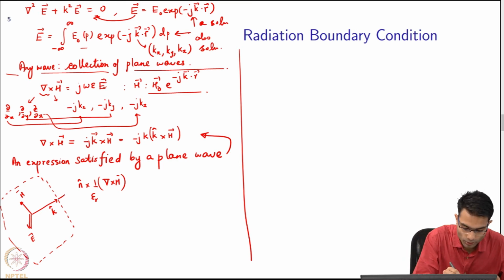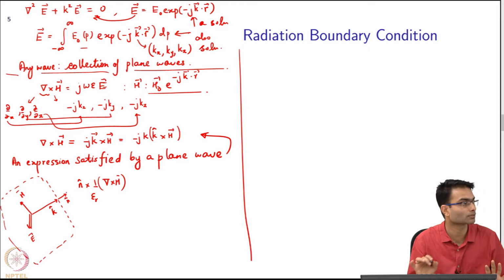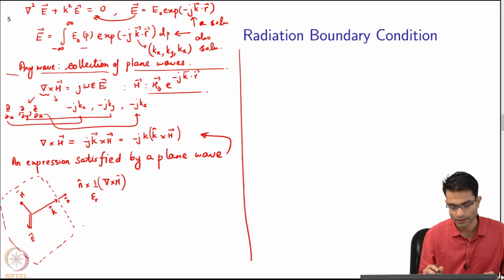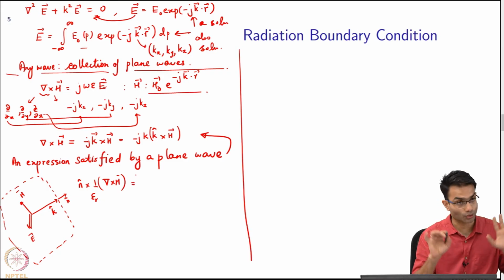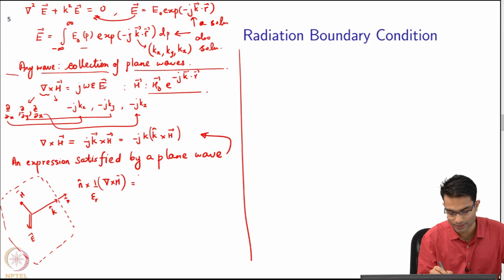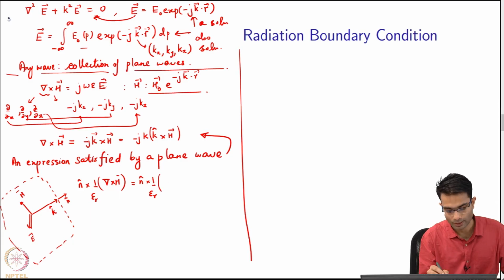So, n hat is also along the same direction in this special case, only in the special case. In that case I can replace this for this special case only. What can I write this as? I can write this as n cross 1 by epsilon r and replace the rest from this, so minus j k n cross h.